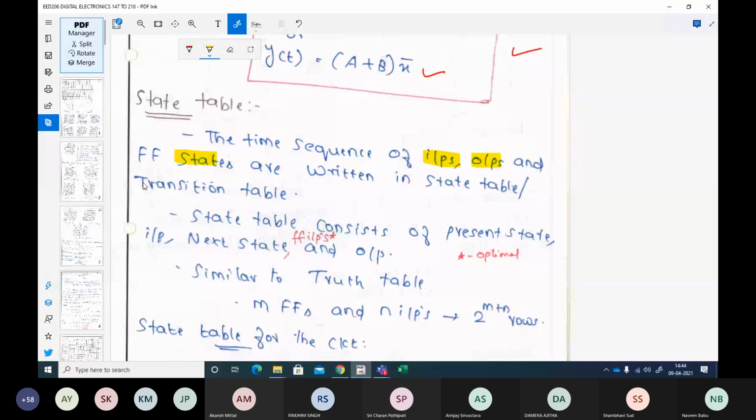The state table is also called a state table or a transition table. What does the state table consist of? It consists of the present state. What is that? It is q of t. It consists of the next state, q of t plus 1. Or in this example, A and B inputs, and the next state corresponds to A of t plus 1 and B of t plus 1, and its output is given as Y.